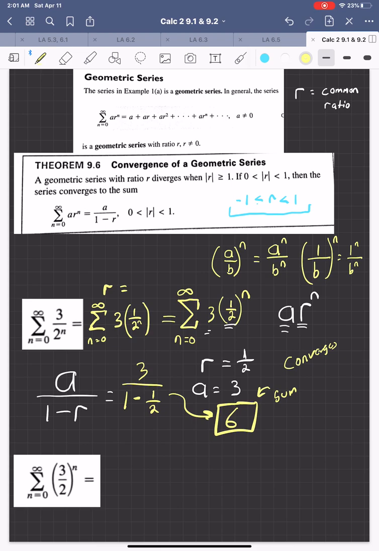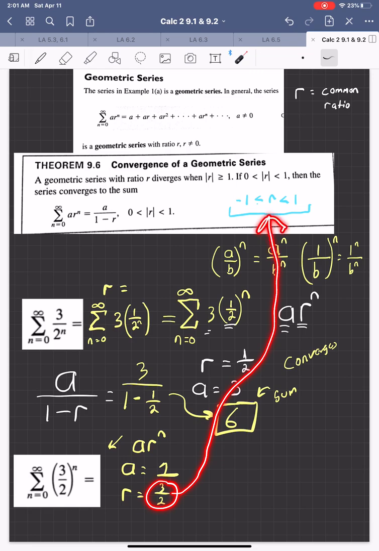All right, well, how could you think about this one? This is actually even easier. So first off, what is a in this problem? What is r? Let's start there. Just remember it's a r to the power of n. So in this case, a would be 1, and r would be 3/2. Well, 3/2, that's 1.50.